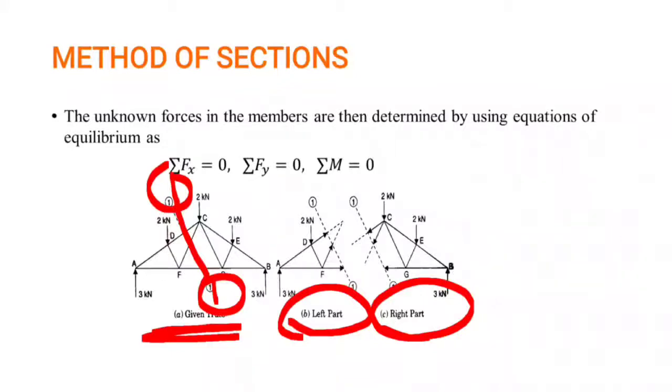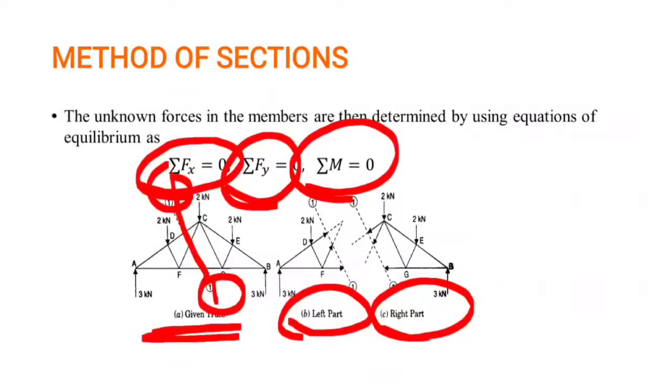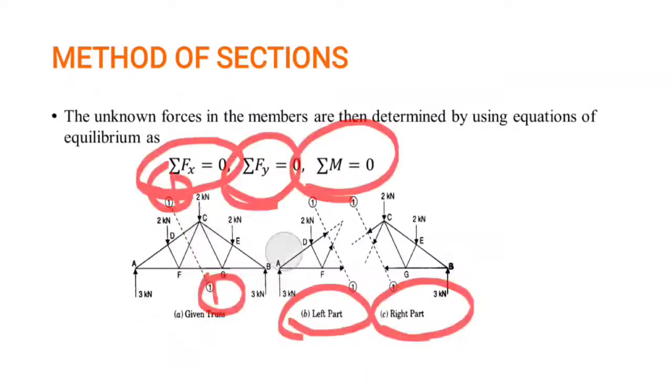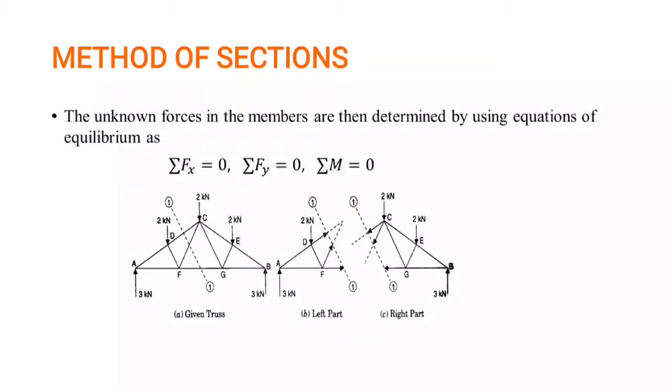What are the equilibrium conditions we used? The unknown forces in the members are determined by using the equations of equilibrium: sigma Fx equals 0, sigma Fy equals 0, sigma M equals 0. What do they represent? Sigma Fx equals 0 means the sum of horizontal forces in the section is equal to 0.